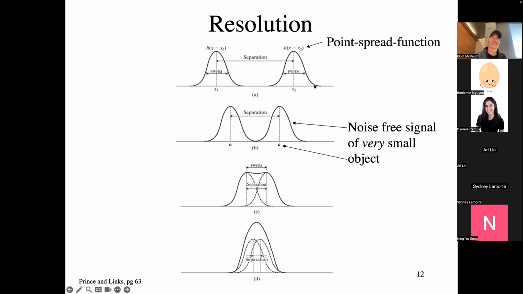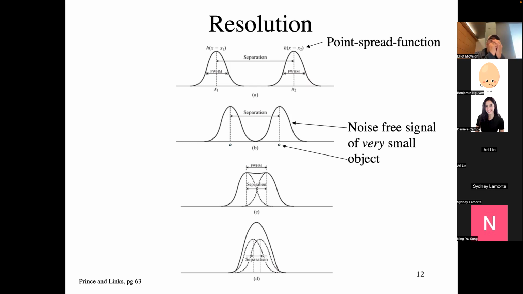You choose how your pixels are distributed such that you can see this function, which is the point spread function of the scanner. And so the tiny little dot, which is right here at x2, when it's displayed by your imaging system, looks like this, basically a blob, right? The size of that blob is the point spread function. If it's a really big blob, your point spread function is large and your resolution is low.